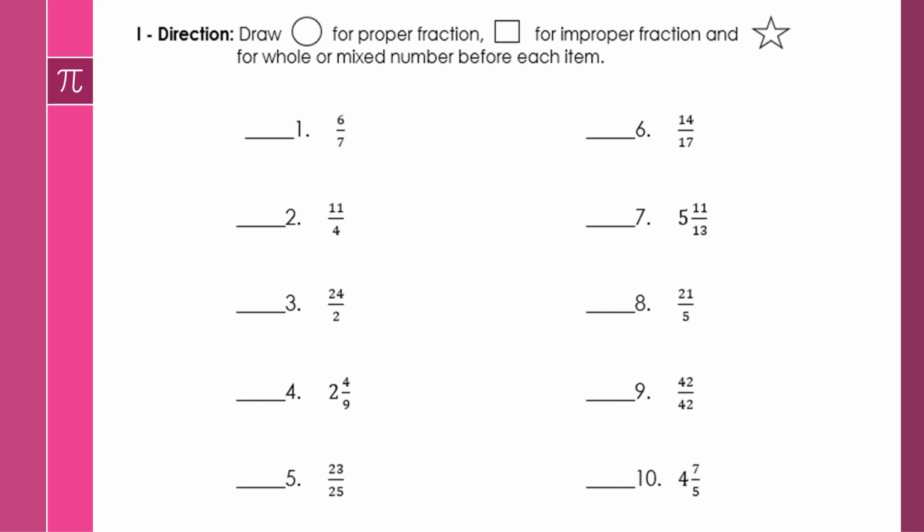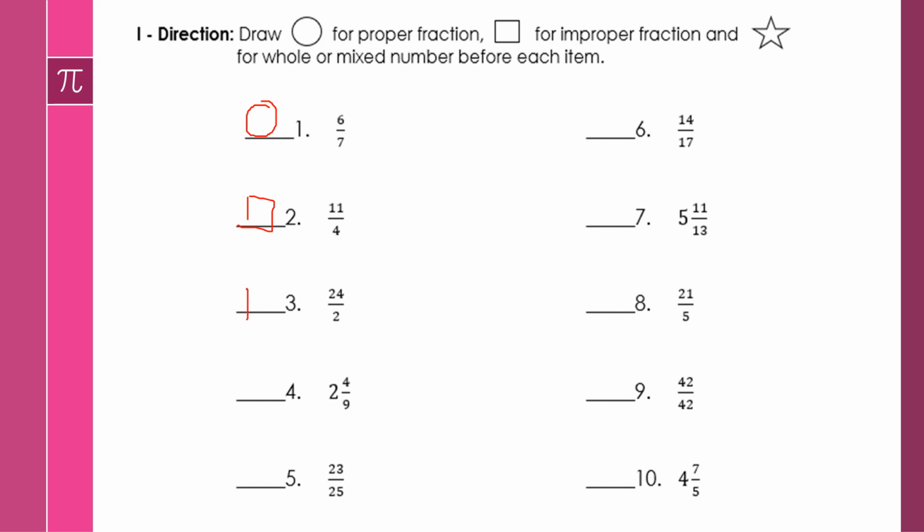Okay, so in here, we need to draw a circle for proper fraction, square for improper fraction, and star for a whole or mixed number before its item. So 6/8 is a proper fraction, so it's circle. This one is improper, 11/4.